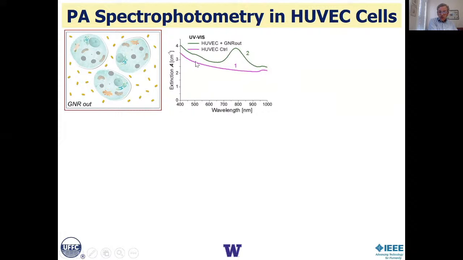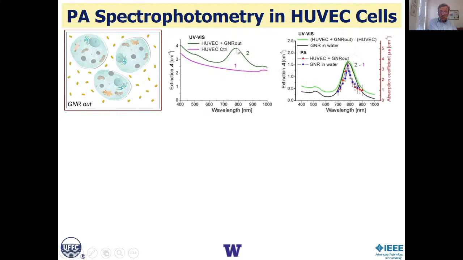Because they're just in solution, the optical absorption spectrophotometer measurements are a little complicated because of the scattering, like we said, but when you take simply the difference between cells without these particles in their solution and those with the particles, just a simple subtraction of the absorption spectrum, it's fairly similar to the true absorption spectrum of the gold nanorods. You see it's just broadened a bit, but its spectral characteristics are very similar.